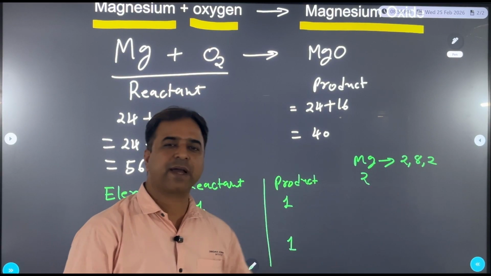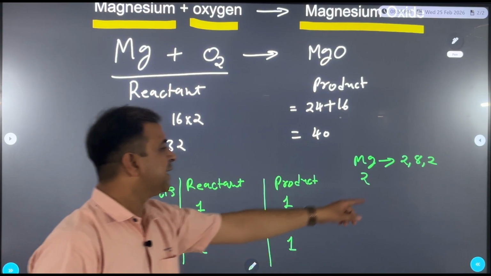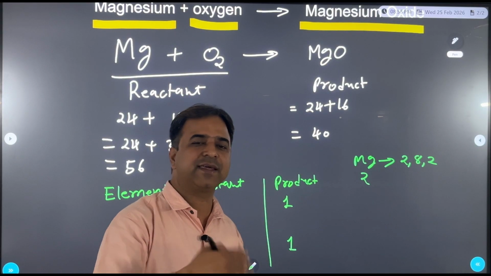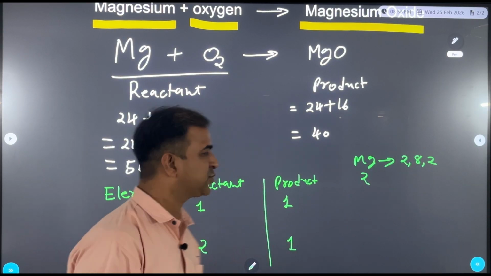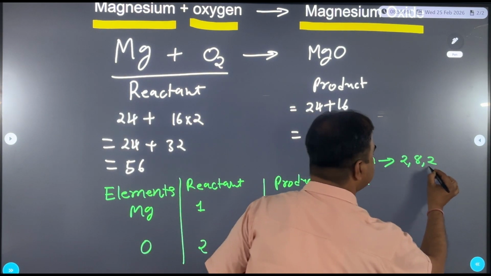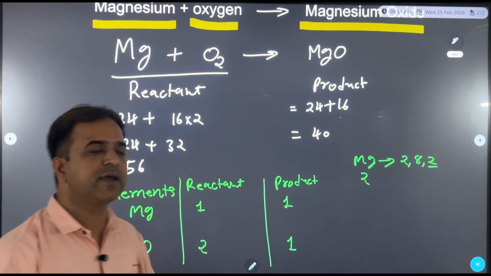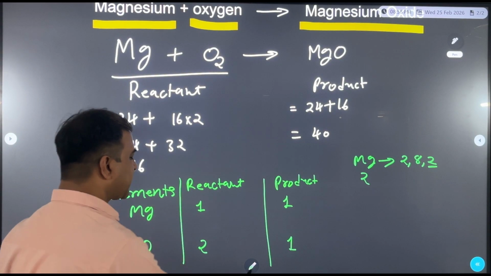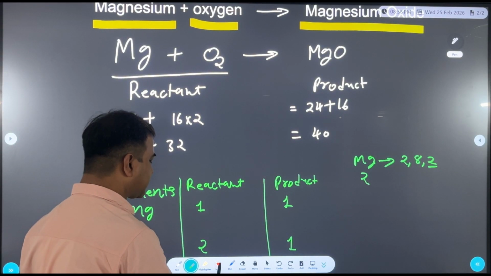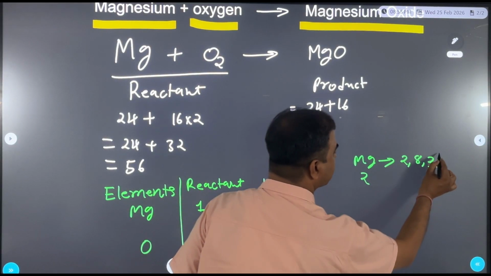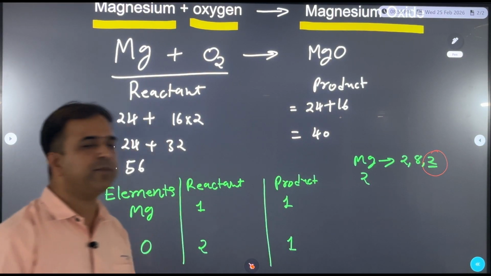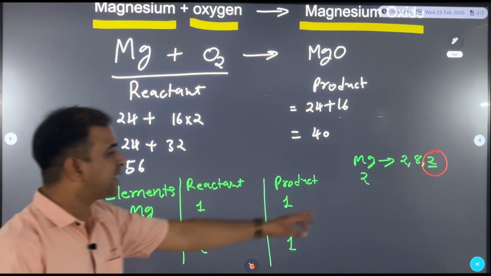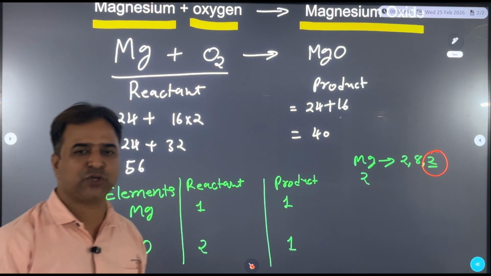In first orbit, maximum 2 electrons will be there. In second orbit, 8, and the remaining will go to the next one. So here, in the last shell, since magnesium is a metal, it has a tendency to donate electrons. So how many electrons is it able to donate at maximum? It will be donating maximum 2 electrons only. That is why its valency is 2.